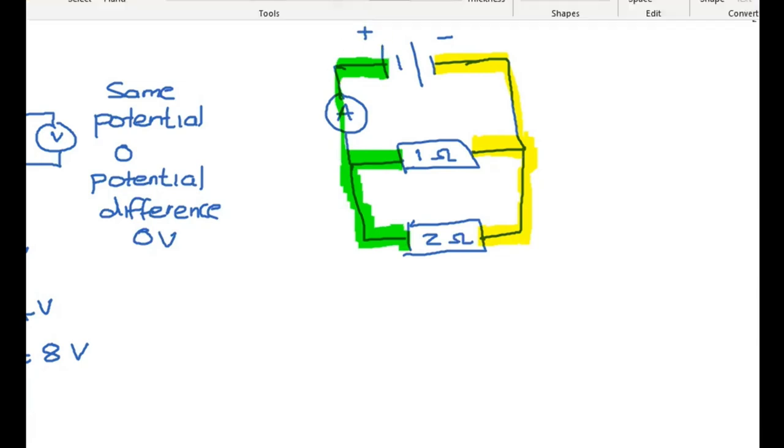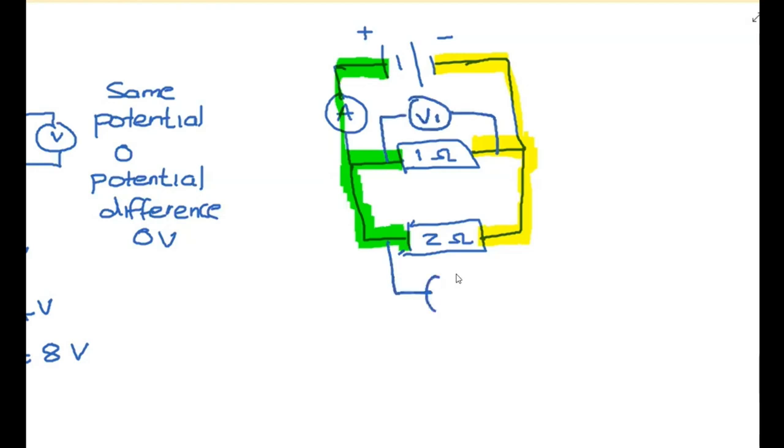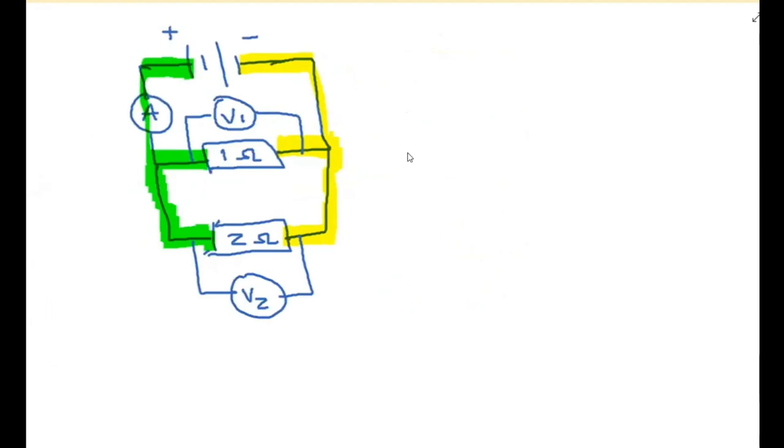If I put a voltmeter here, let's say that's V1, and I put a voltmeter here, it means those are at the same potential difference, but it doesn't mean the currents are the same. So keep in your mind James's analogy: the resistance was the actual resistance value, and the number of people who can go through is the current.